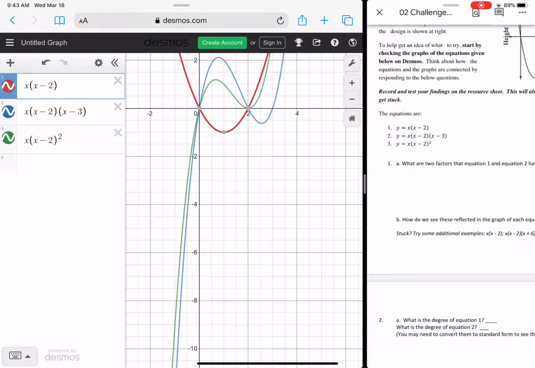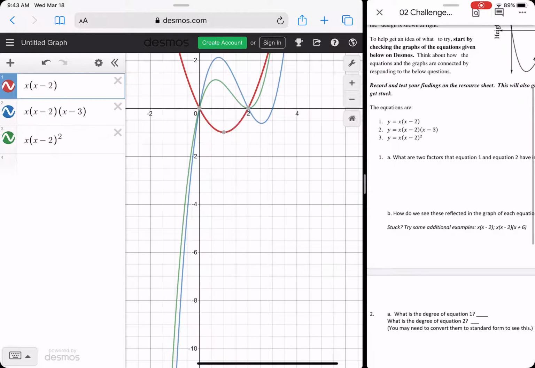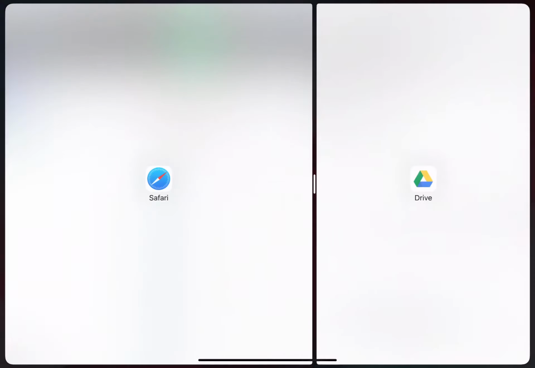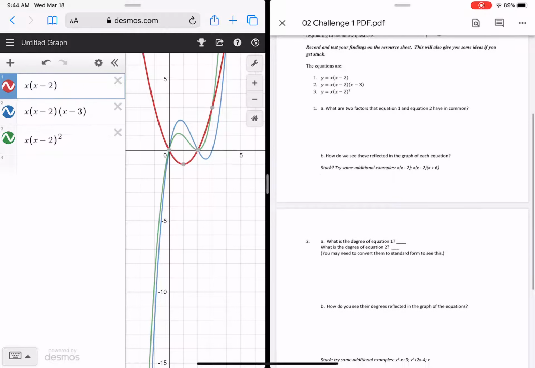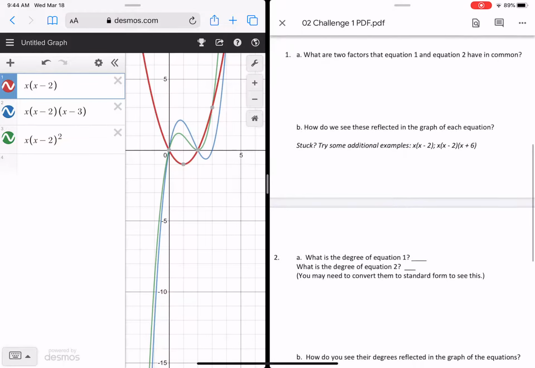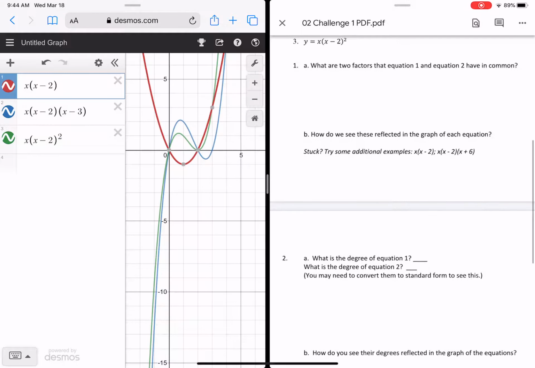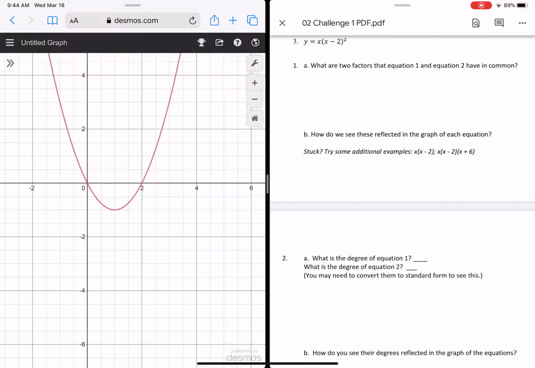All right, so the first question asks, what two factors do equation 1 and equation 2 have in common? You don't need Desmos to do that, okay? So you should be able to look at those equations and answer that question. Now, part B says, how do we see these factors reflected in the graph of each equation? So now I'm just going to have us look at equation 1.